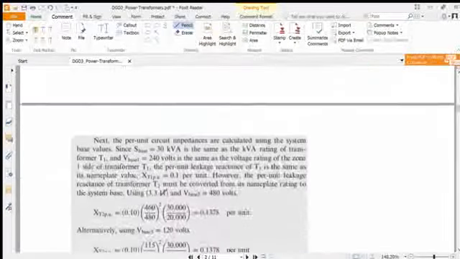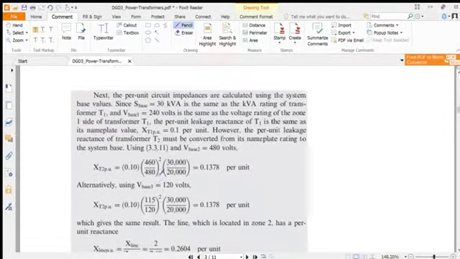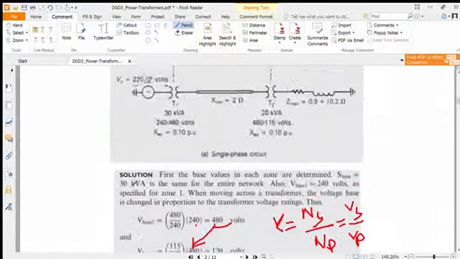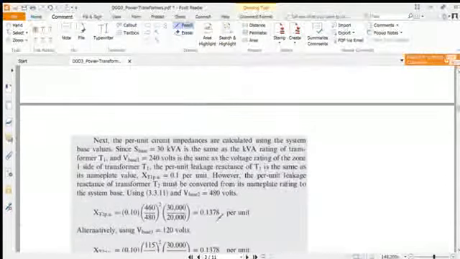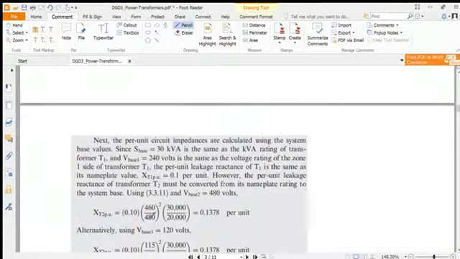Okay, let's go. According to the formula, for transformer 2 here is 0.1, this value is 0.1, and this is the old value given in the question.